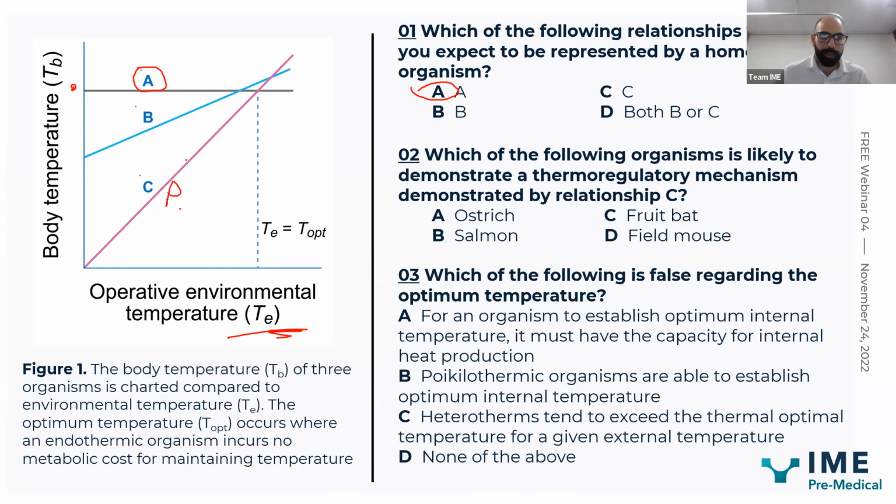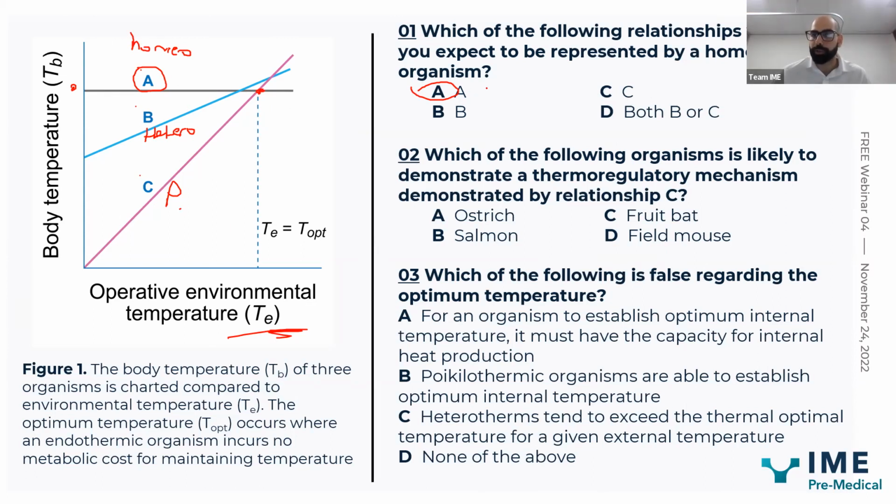So we'll say this is a P, this is a homeo, and this is a hetero. Just by looking at the graph, you can see it's telling you that the optimum temperature for both a homeotherm and a poikilotherm is equal to the external environmental temperature for these organisms.